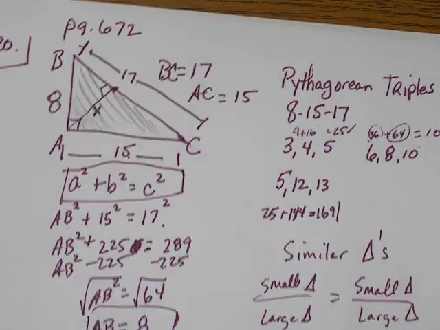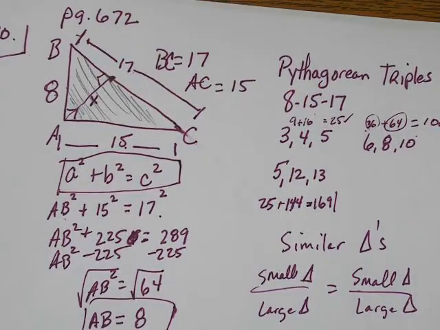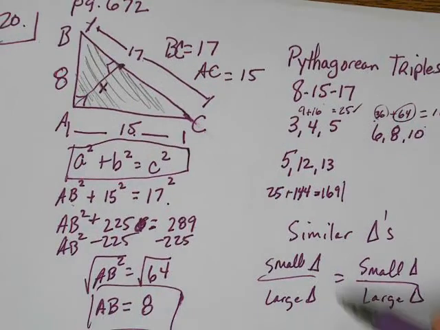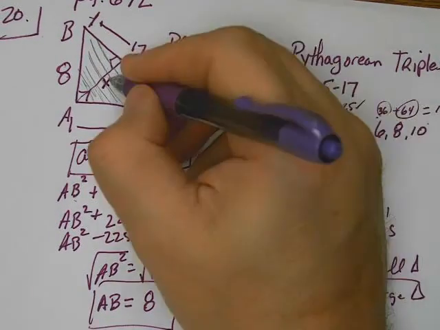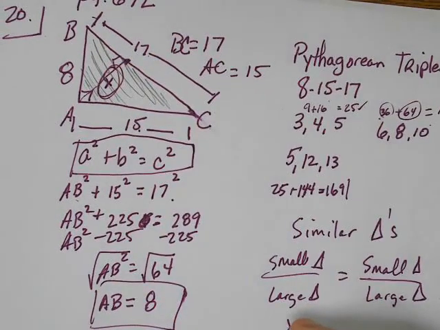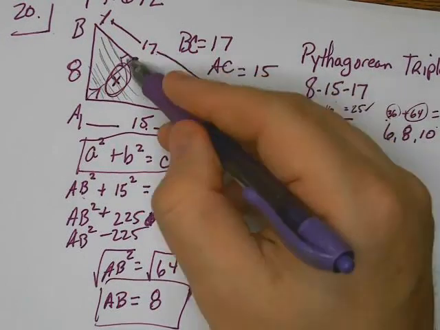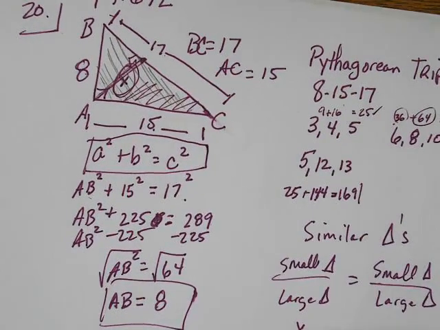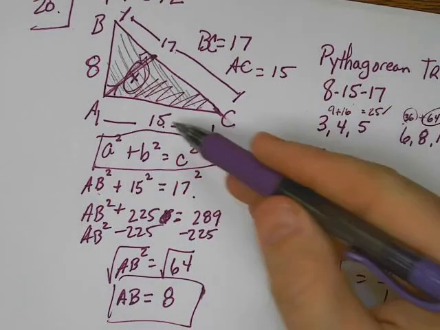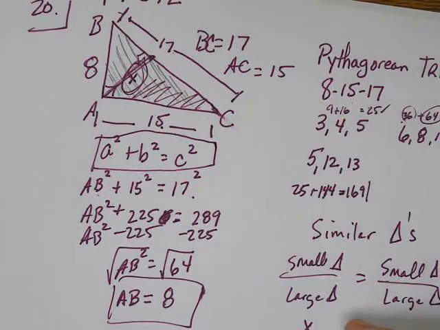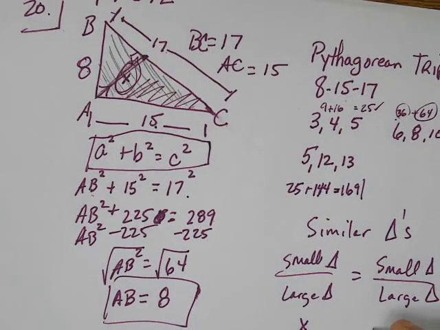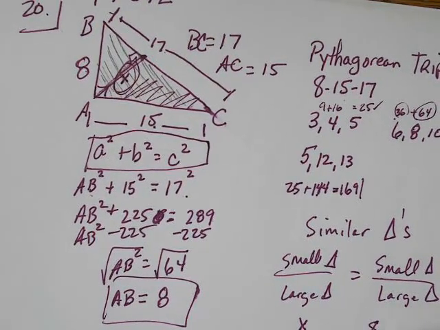What in the world am I talking about? The sides are proportional. Don't forget, that's actually what we covered in 12.3. Okay, the sides are proportional. So, x is part of the small triangle, and it's a leg, to the hypotenuse of the large triangle, as 8 is to 17.